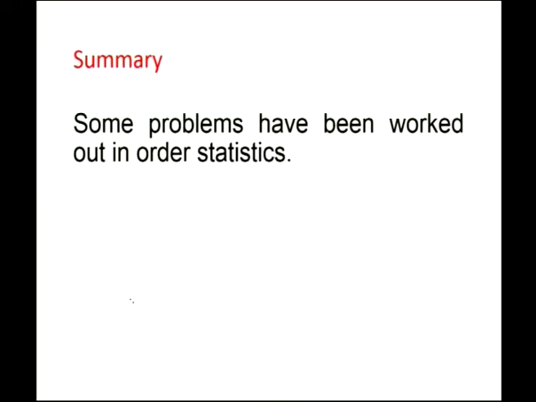In this session, we have worked out some problems in order statistics, related to verifying the PDF of one order statistic, that is, the minimum of X1, X2, etc. up to Xn from the exponential distribution, where the corresponding random variable is also exponential. That type of problems we have done in this session.